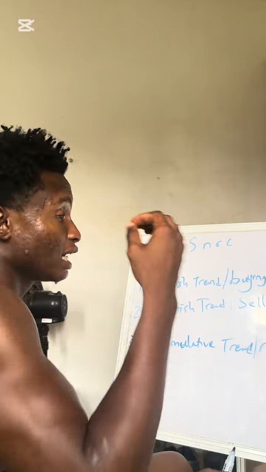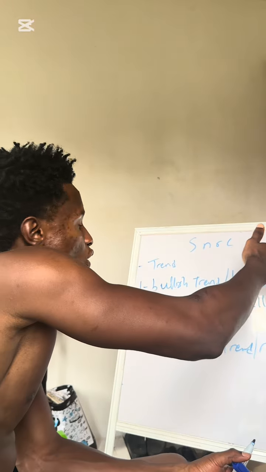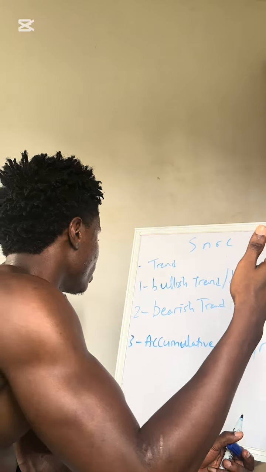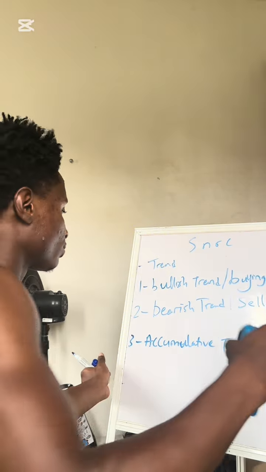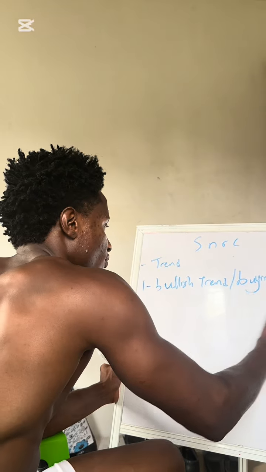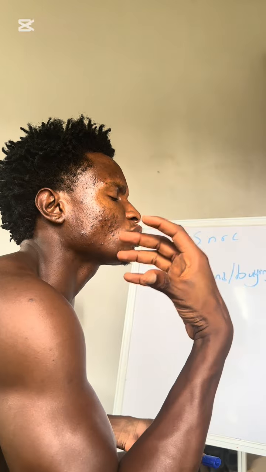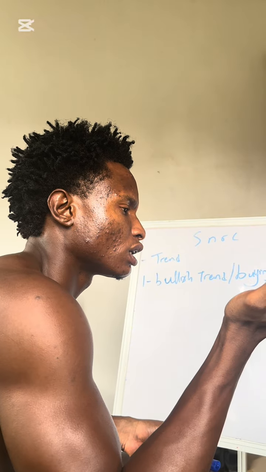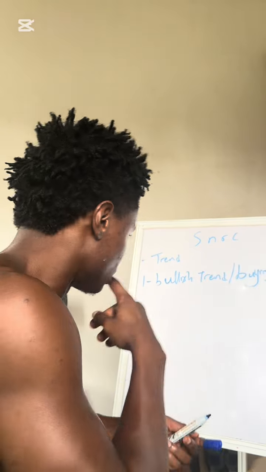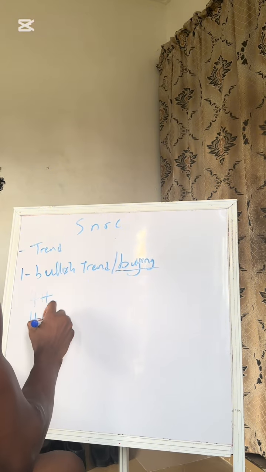Now let me give an illustration of how a bullish trend, a bearish trend, and an accumulative trend will look like. We start with the bullish. To understand the bullish trend, it's divided into higher highs and higher lows.